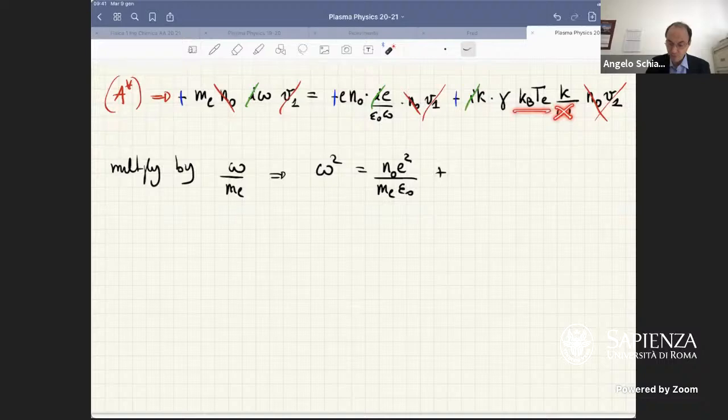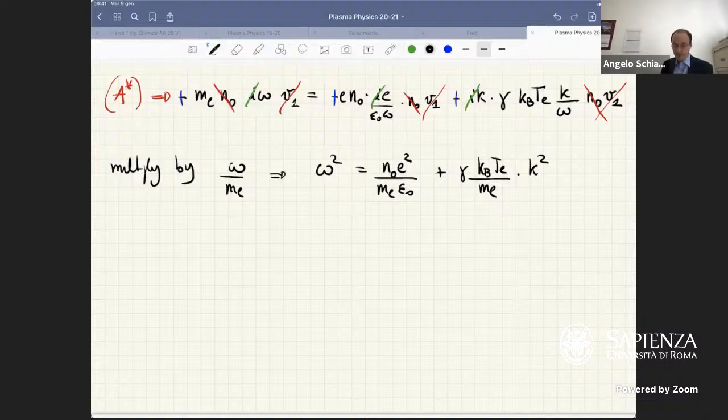At the denominator we're going to have the mass of the electrons, and we get gamma KB T_e over ME times, we have a k here and another one, so k squared.